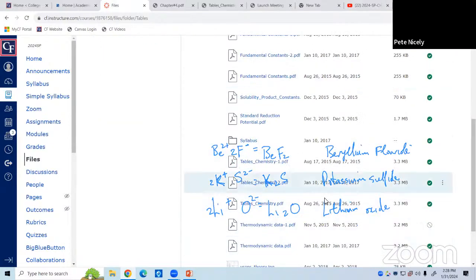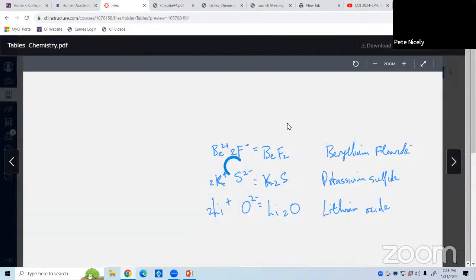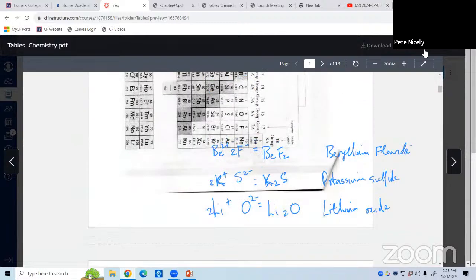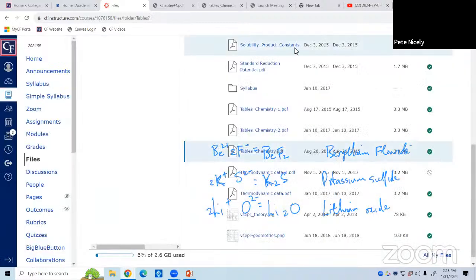And then you're going to see tables chemistry. And that will bring up the packet, right? And then scroll down, you're going to see 3 pages of ions. On page 4. It is, yeah.